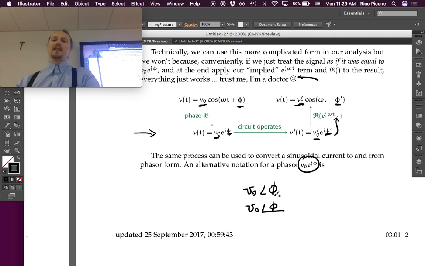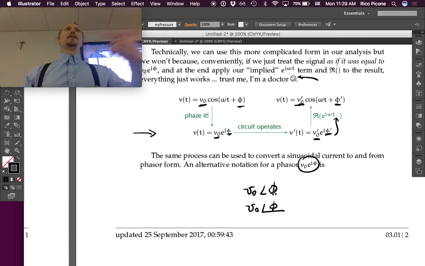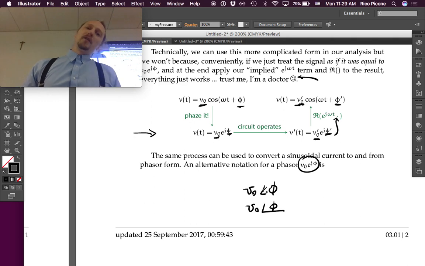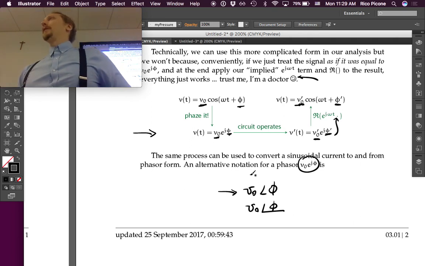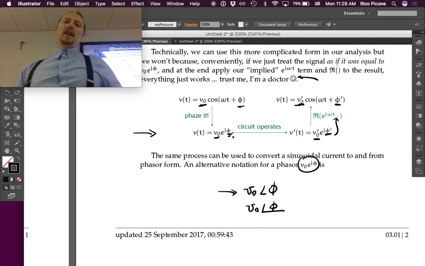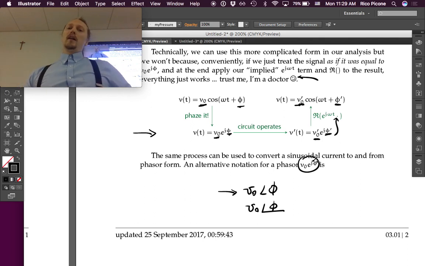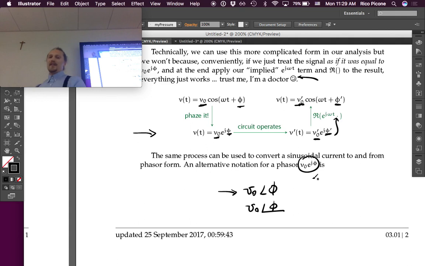Not because I actually think this is simpler to write, right? It's just the magnitude and the phase that you keep around. But you have to remember how mathematically to combine these things when we start multiplying them by each other and dividing them and adding them. You have to remember how to do that with this form. When you're in the exponential form, you are already in a mathematical form that keeps track of things for you. So when you multiply these things together, the magnitudes are going to multiply, and then the phases are going to add, right?